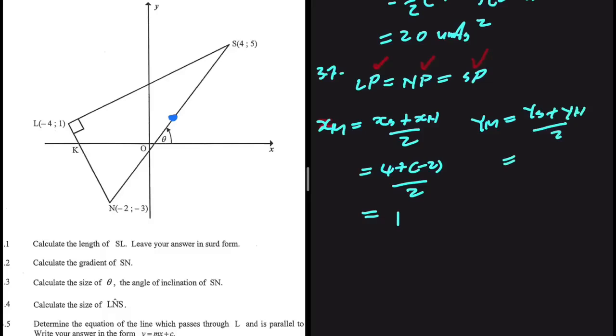We have 5 minus 3 divided by 2, which is 2 divided by 2, which is 1. So the coordinates of P that make LP equal to NP equal to SP are 1 and 1. If you calculate LP, NP, and SP, you will indeed find that they're equal when P has coordinates 1 and 1.